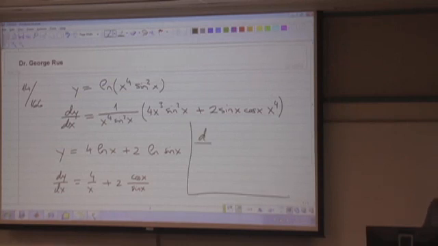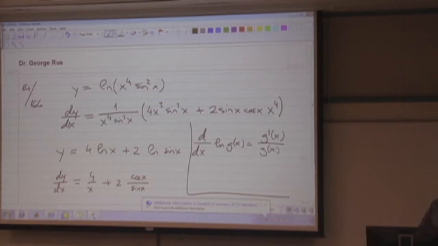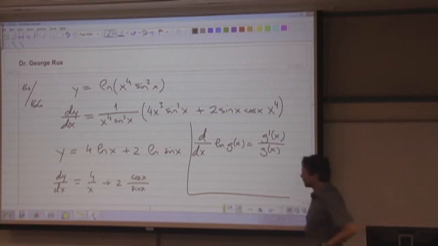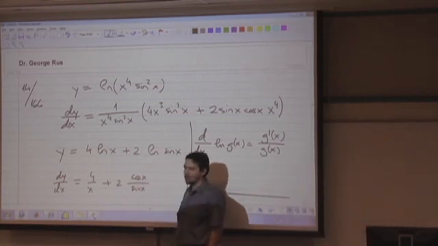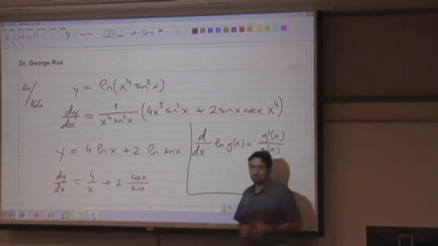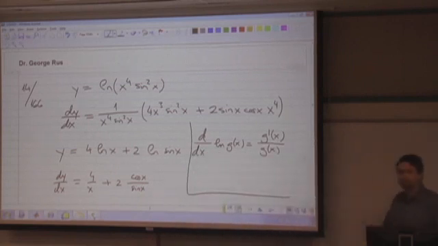So the derivative of ln of g of x is g prime of x over g of x, or 1 over g of x times g prime, right? If it's confusing, think about this as 1 over sine times cosine. Okay?